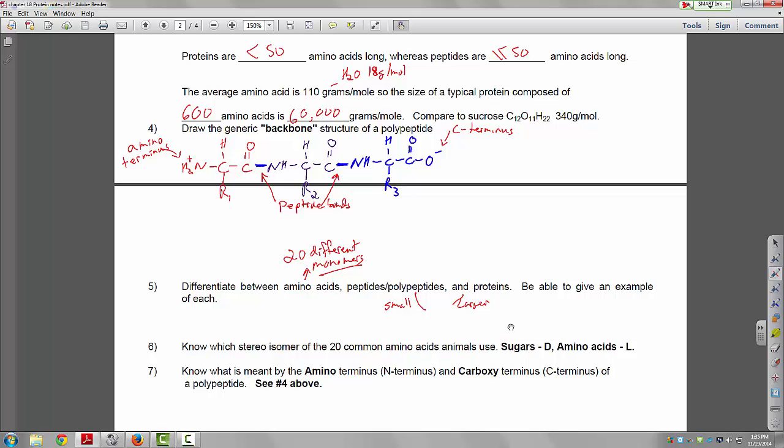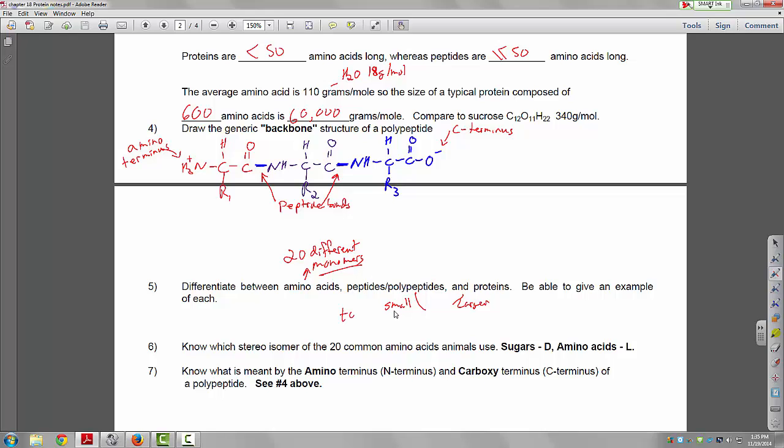so quite large. And the reason we give them different names here, peptides versus proteins, is because if it's small like this, 50 amino acids or less, it doesn't really have a very well-defined secondary and tertiary structure that we'll talk about later.